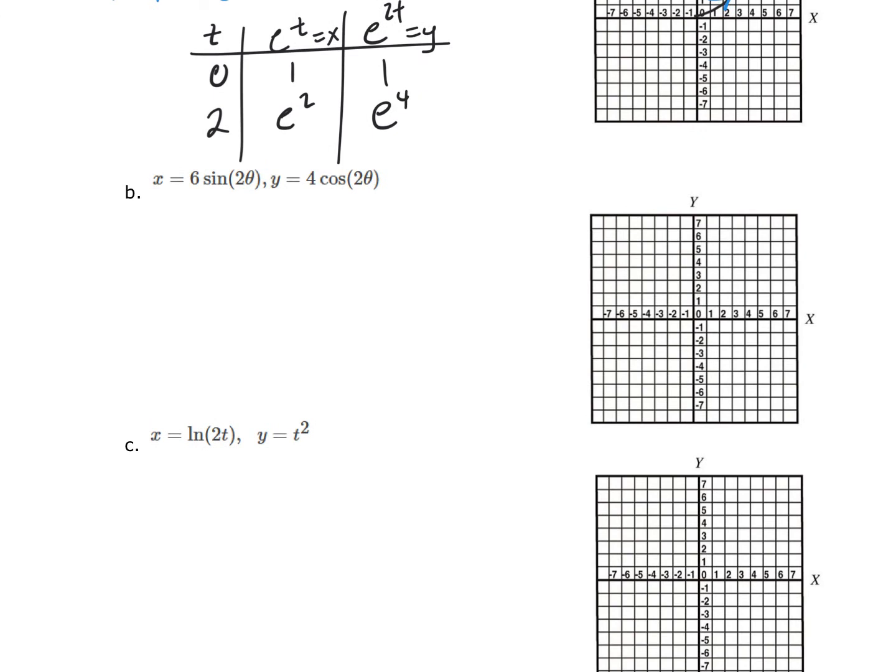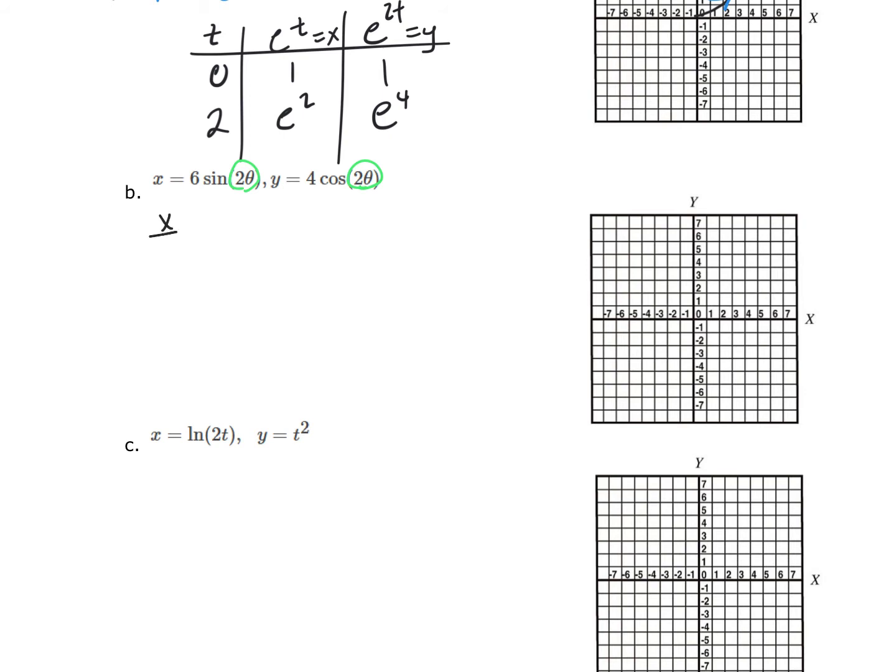Let's take a look at my next example here. Now, the first thing we want to pay attention to is the fact that these both have 2 theta, so they are the same angle. And that's important because I'm going to solve for sine and solve for cosine.